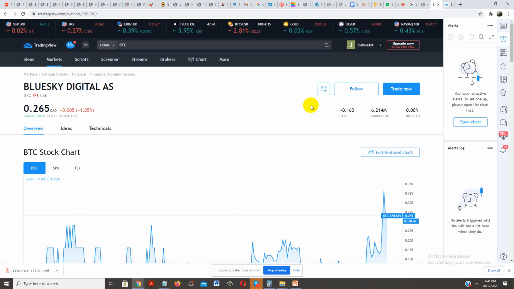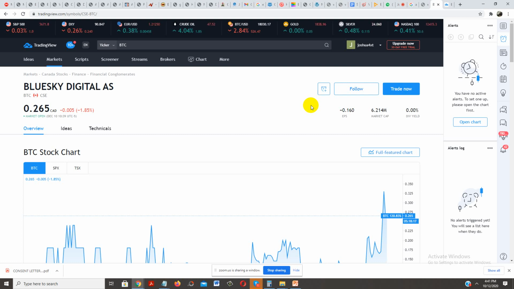The advert is too much. It's giving me full screen. Why? The screen is too much. Okay. You said I should click what, sir? Full featured chart. I didn't even see it. What can you see?